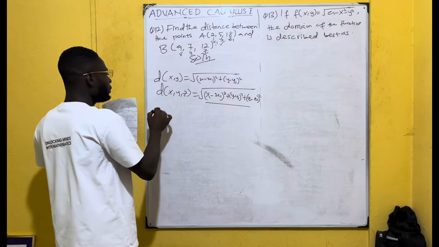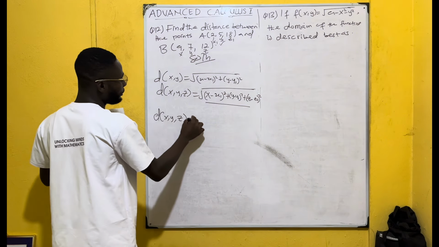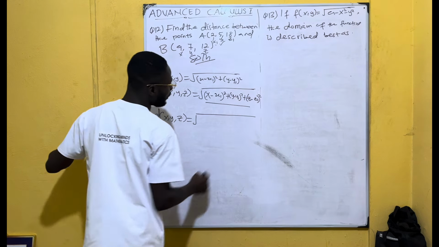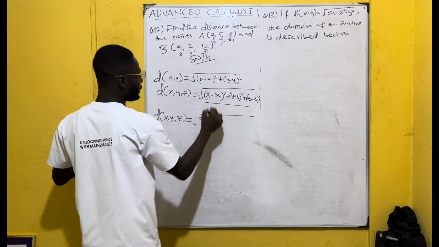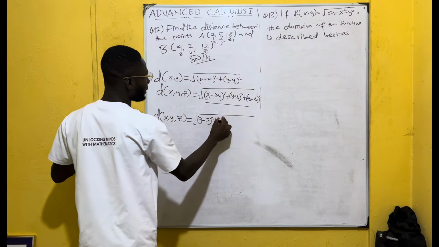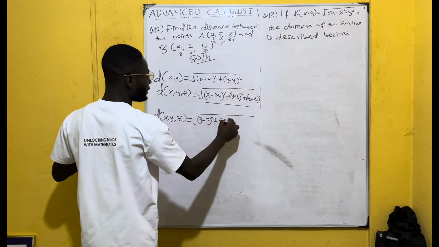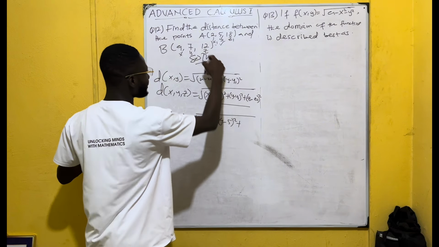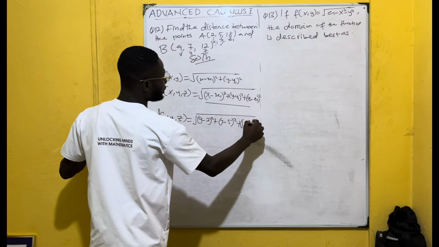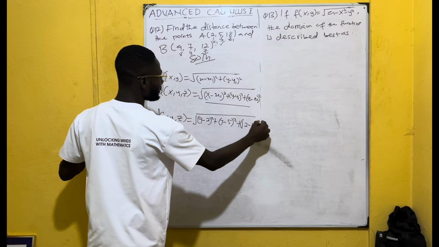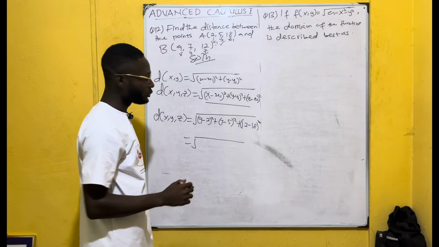So we have our distance between A and B to be equal to the square root of (x is 9 minus x1 is 2) all squared, plus (y is 7 minus y1 is 5) squared, plus (z is 12 minus z1 is 18) squared, right?